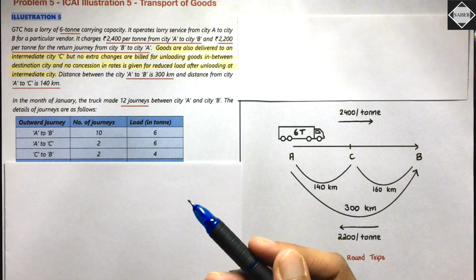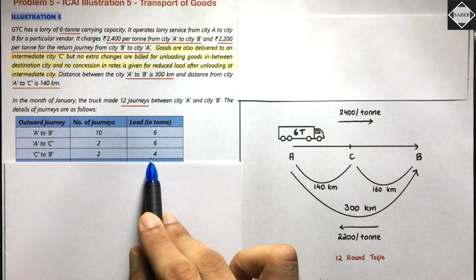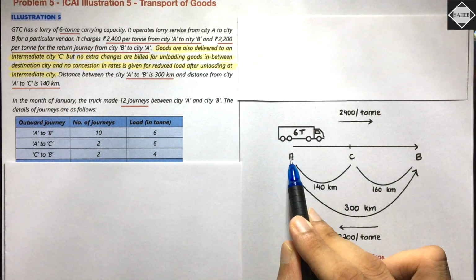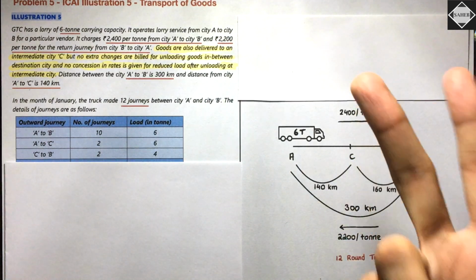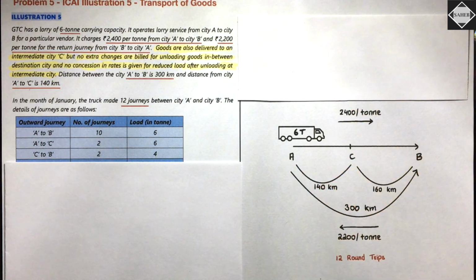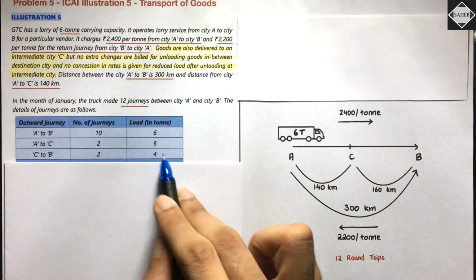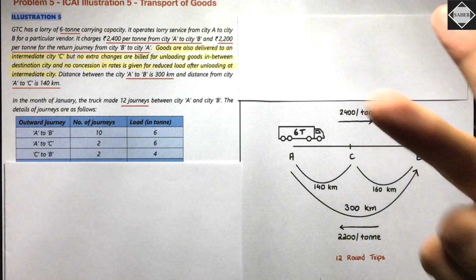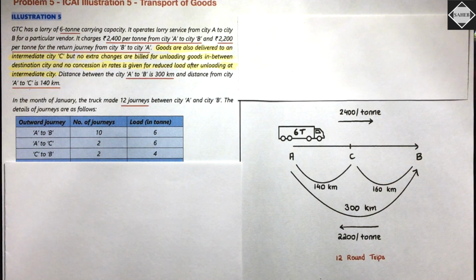Then from C to B, we have carried 4 tons. That means overall we were going A to B only, but in between we have unloaded 2 tons in the city C. That is why from C to B we have a load of 4 tons. Is that clear? But it doesn't matter actually.